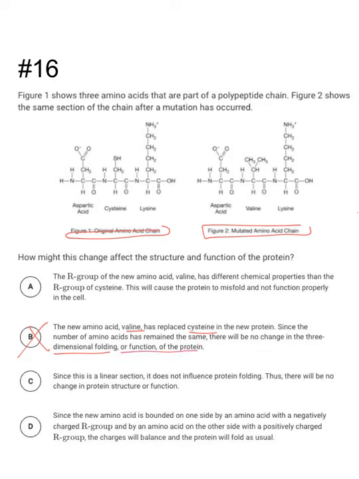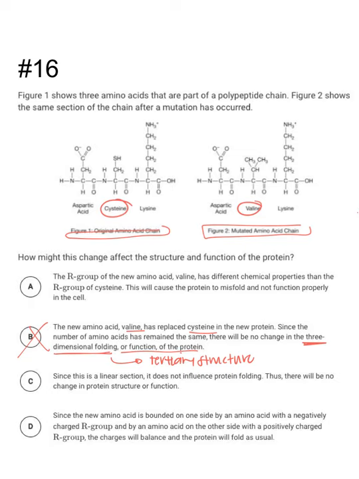We know that when we have a change in the primary structure, this is going to have an effect on the secondary and tertiary structures. And when we're talking about the three-dimensional folding, this is going to be the tertiary structure.